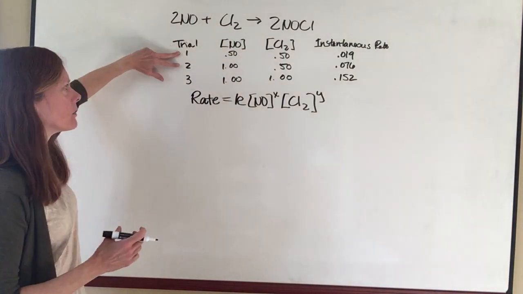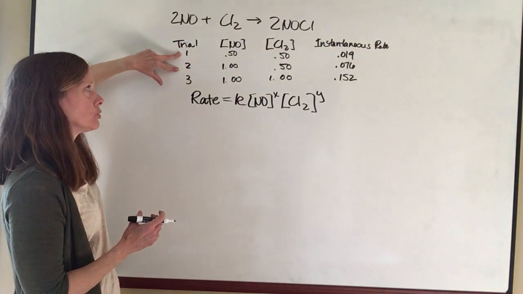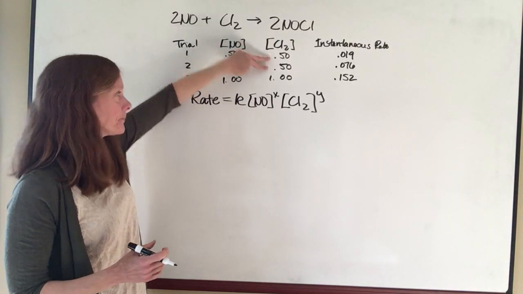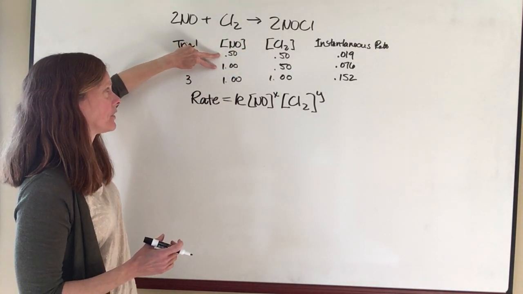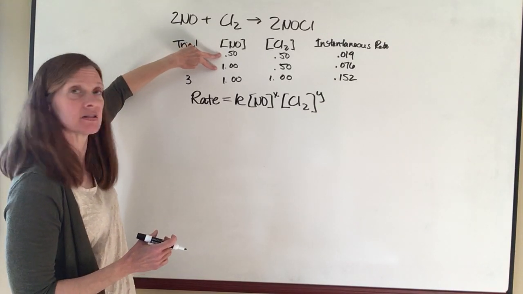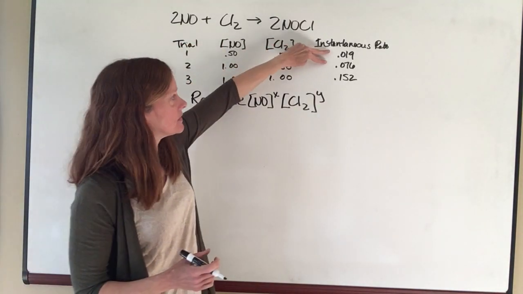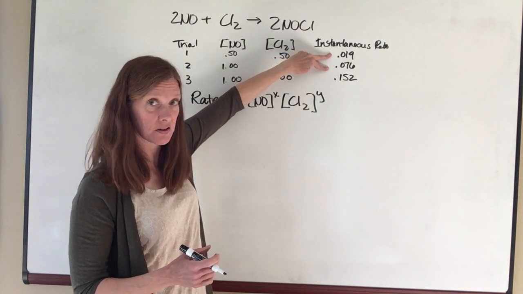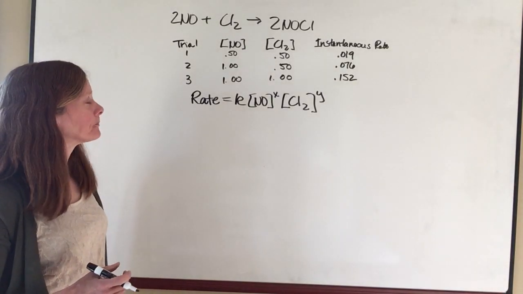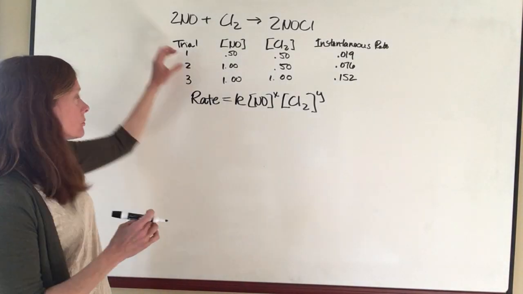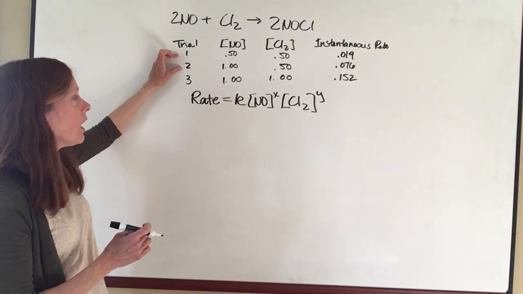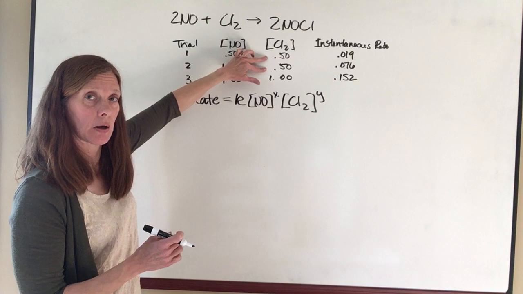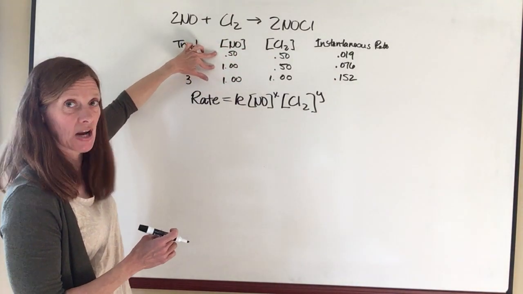So if I look at trial 1 as compared to trial 2, I notice that the concentration of the chlorine has stayed the same, but the concentration of the nitrogen oxide has doubled, and that had an effect on my reaction rate when that was measured. So when you choose 2 trials to compare, you have to be sure that one of the reactants is held at the same concentration while the other one changes.